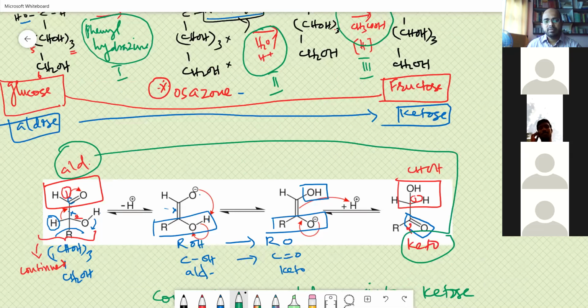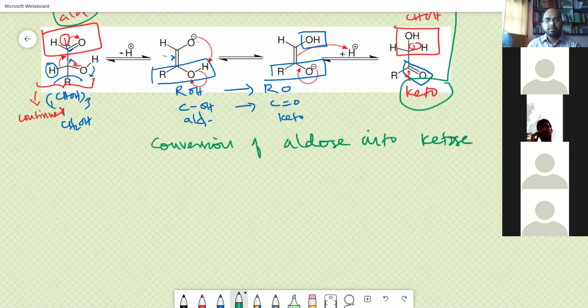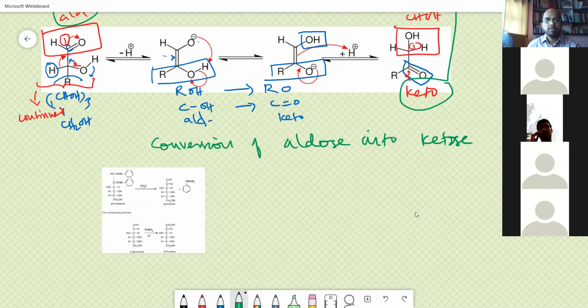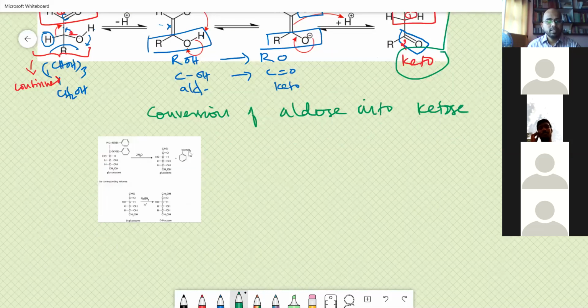The second part of the reaction, we can convert the. I think I'll have another picture to show you what has happened there. Here it is. Copy this one. Just paste here. It's a very good picture. I'm showing you what is happening there.